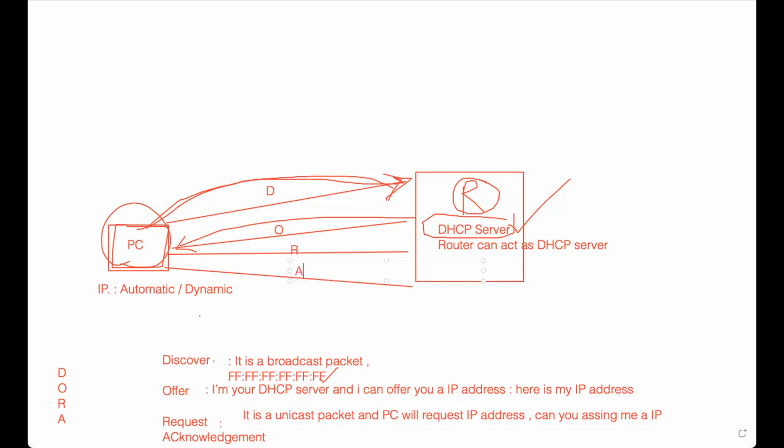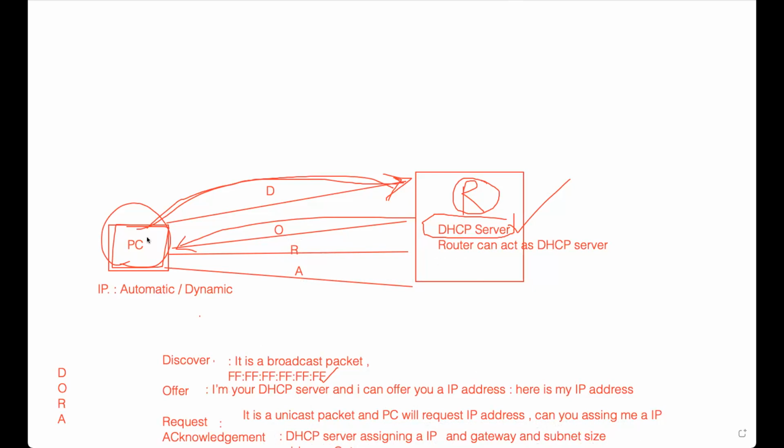And the acknowledgement packet will be the DHCP server assigning an IP address, and gateway, and subnet size.